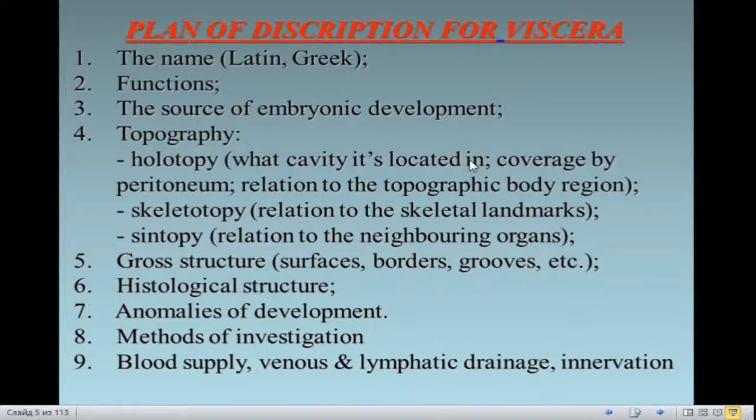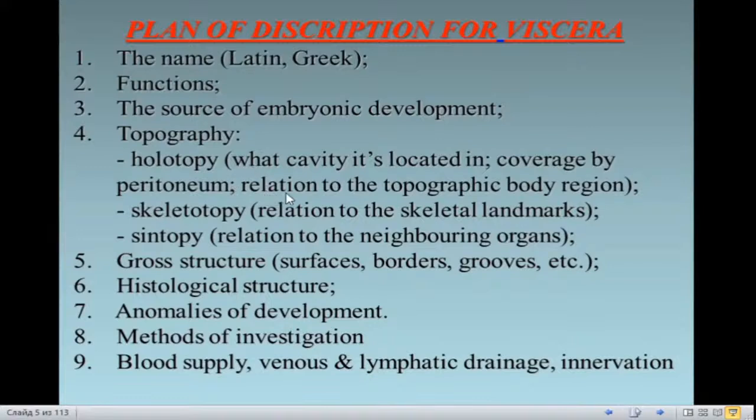You should know the cavities: cranial cavity or oral cavity, neck region, not a cavity but a region, then thoracic cavity, abdominal cavity, and pelvic cavity. The next thing you should mention is coverage by serous coating. Here I wrote peritoneum, but that is related only to abdominal organs. We have serous coating for other organs also.